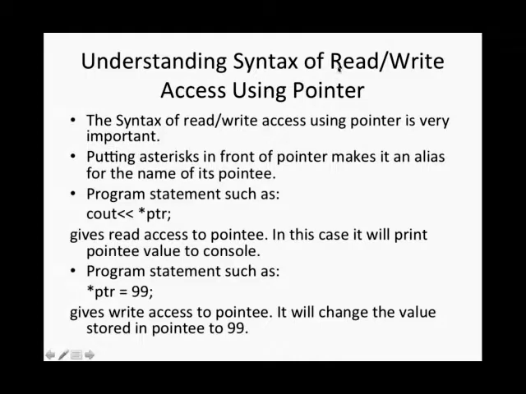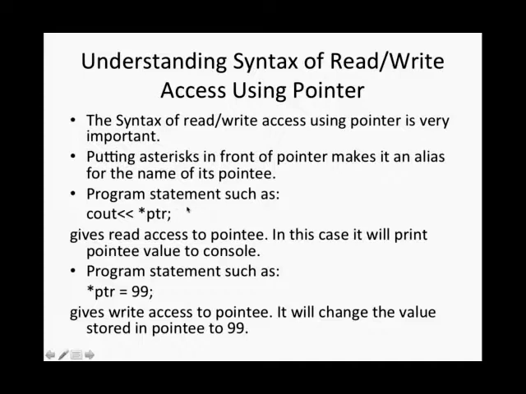Understand the syntax of read-write access to a pointer. The syntax of read-write access using a pointer is very important. Putting an asterisk in front of a pointer makes it an alias for the name of its pointee. Here I'm using C++, but if you do printf, it'll be the same thing.